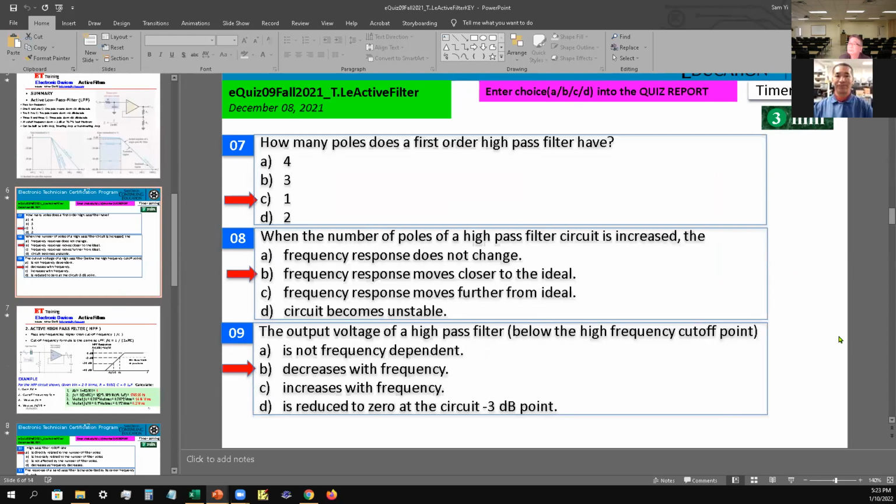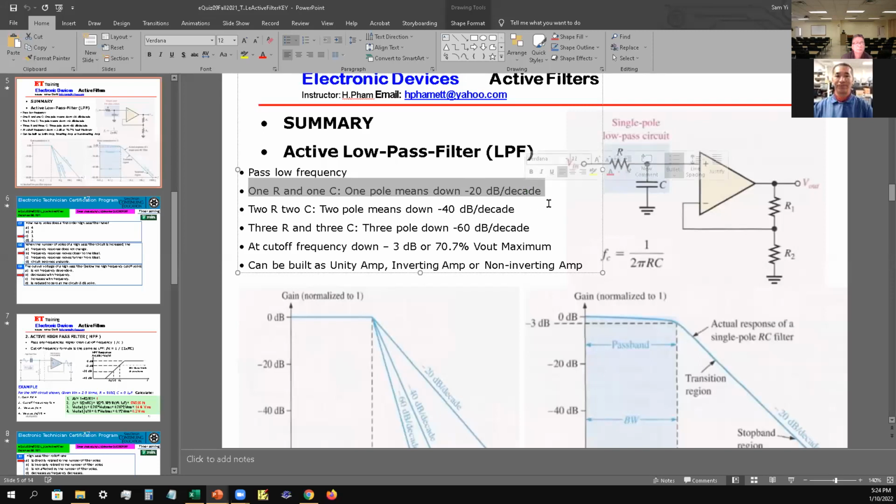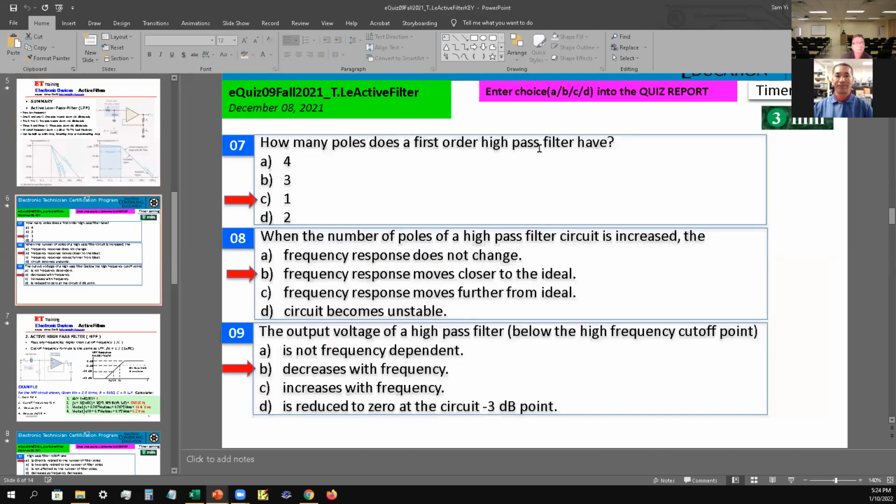Number 7. How many poles does a first order high pass filter have? So right here, the order and pole mean the same thing; the vocabulary for order and pole refers to the same thing.